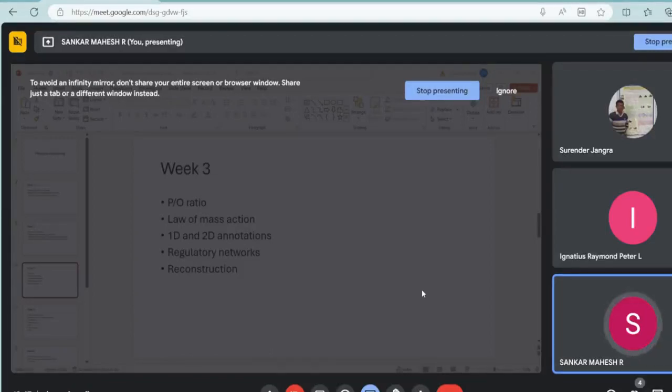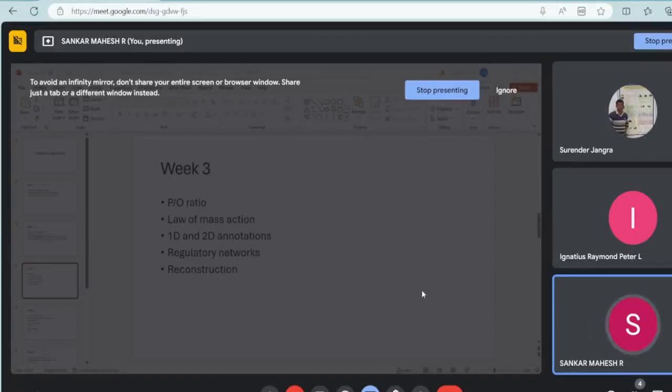This will help us get an idea about which genes perform what function and how coordinated is their function. This was discussed.